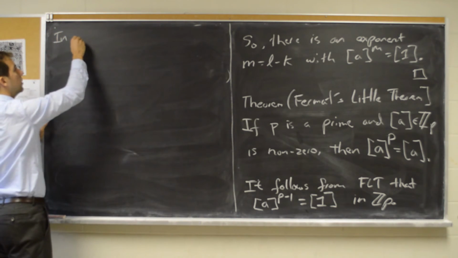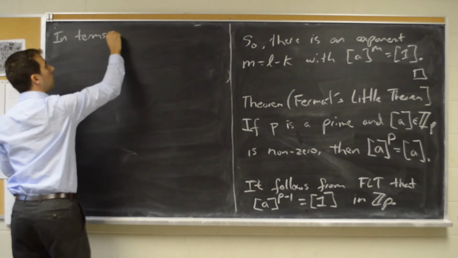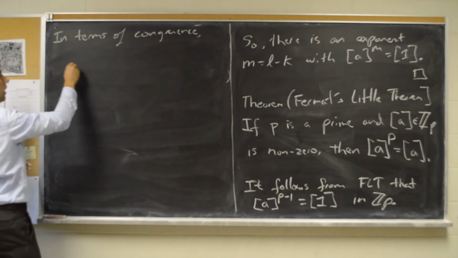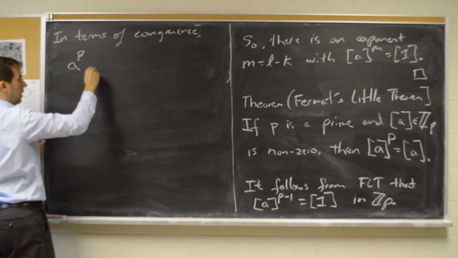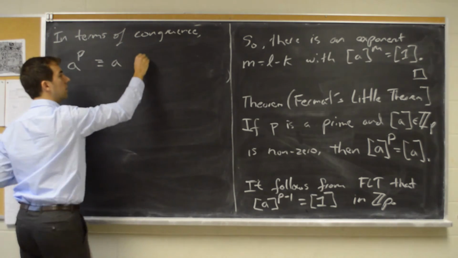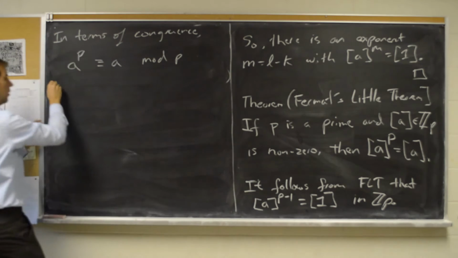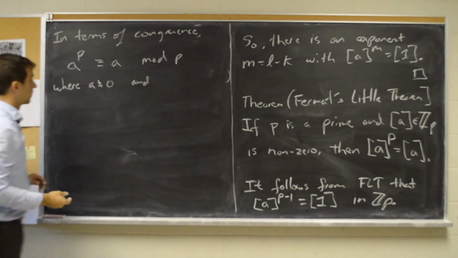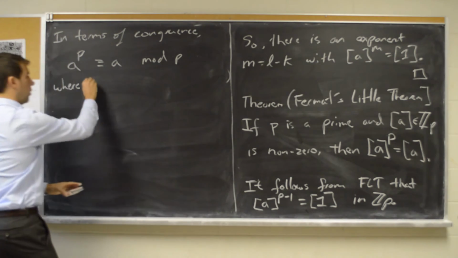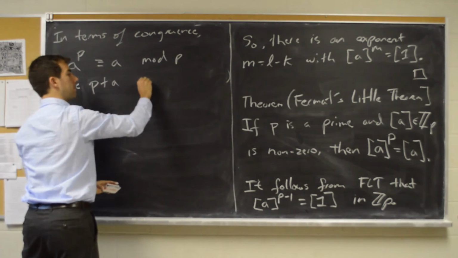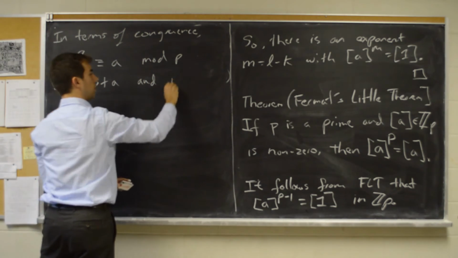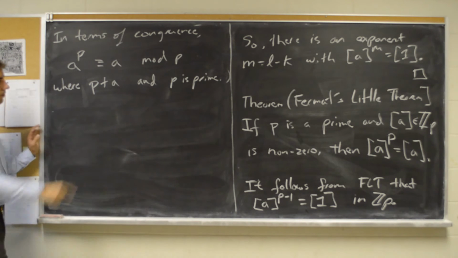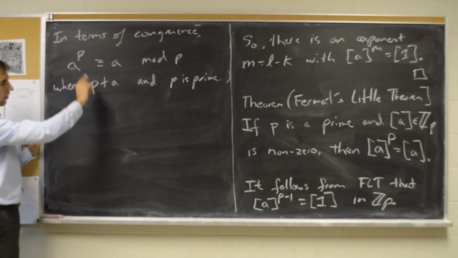In terms of congruence, what we're really saying is a to the p is congruent to a mod p, where p does not divide a, and p is prime. That's the same thing as the congruence class of a being non-zero.